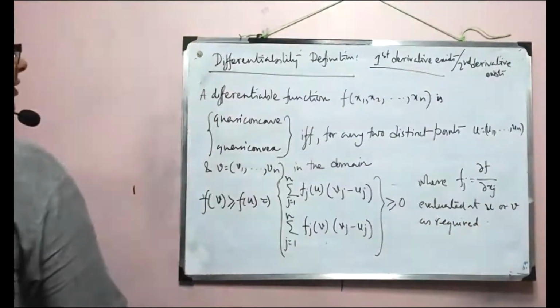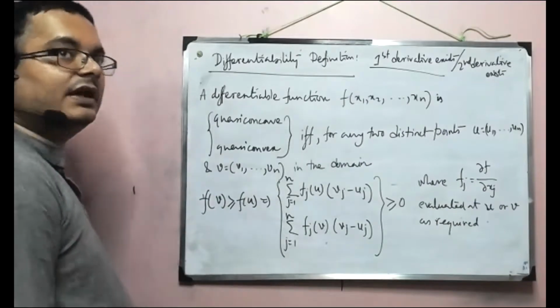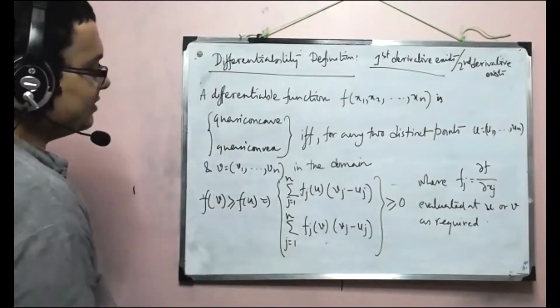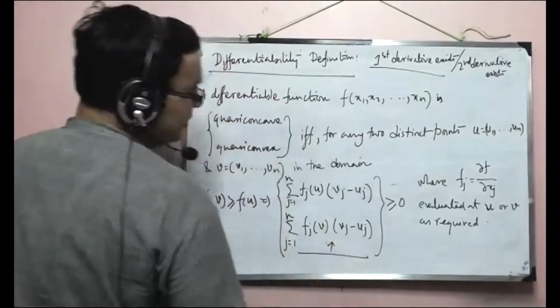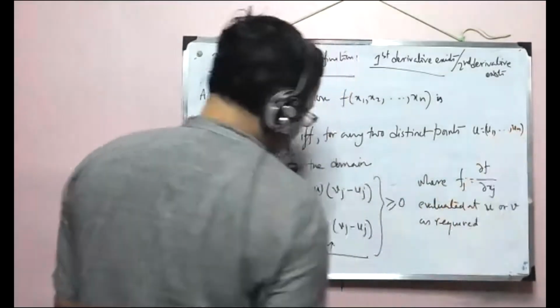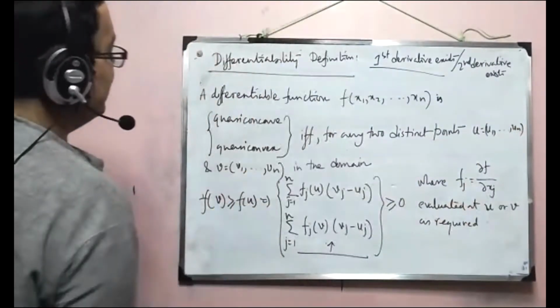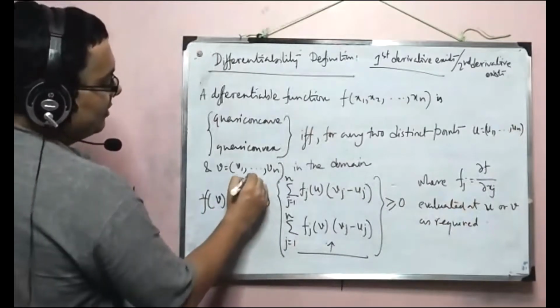Okay. So what I'm saying is this: v and u are two points. So f of v greater than or equal to f of u implies, so let's come at one of these, let's say the lower one. Now u has n values in the point, correct? And v also has n values. So there are n numbers here, and I'm talking about the jth one.